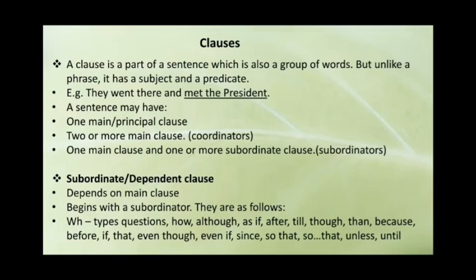So these are all the subordinating conjunctions, okay, which might be at the beginning of the sentence or somewhere in the middle of the sentence. So a subordinate or a dependent clause always starts or is introduced with a subordinator. So it can be any of these.